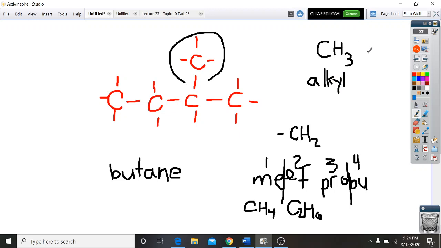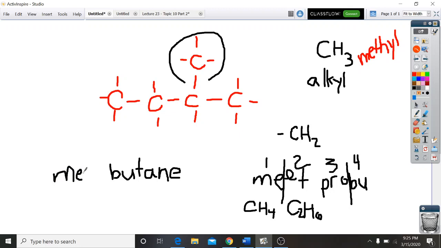So this, instead of being methane, is methyl. Methyl, okay? This is a methyl. And so what I want to do is make sure I include that this is a methyl.